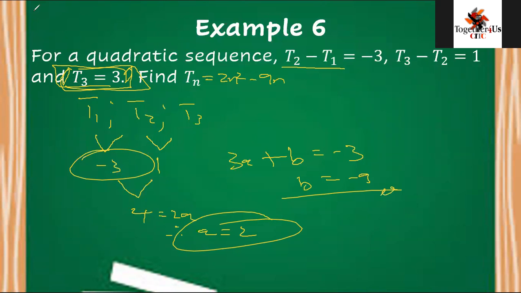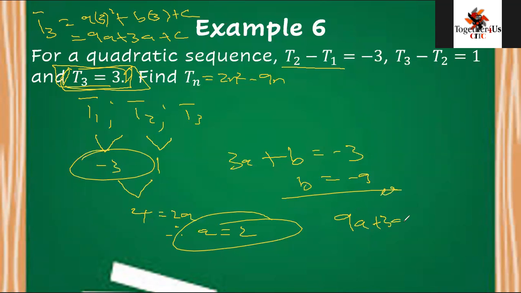So we have to find, okay, what does term 3 look like for a quadratic sequence? Well, if you look at it, it's a into 3 squared plus b into 3 plus c. So term 3 looks like 9a plus 3b plus c. So that means to find our c, we are solving this equation: 9a plus 3b plus c is equal to 3.